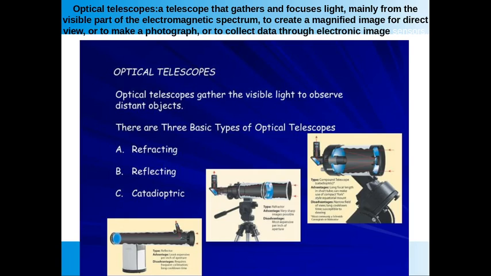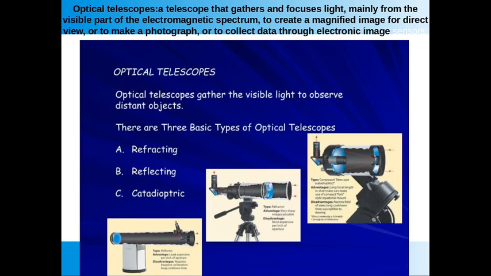These telescopes collect radio waves or X-rays, etc., for getting information from space. Optical telescopes gather light only. They gather and focus light mainly from the visible part of the electromagnetic spectrum to create a magnified image, to make a photograph, or to collect data through an electronic image.